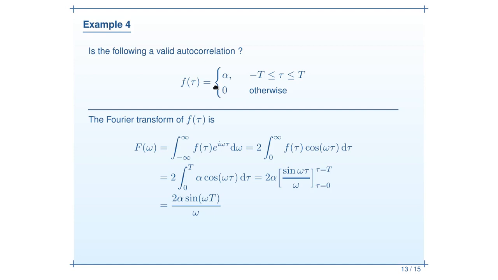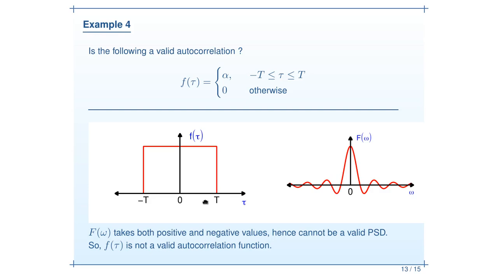We will simply take the Fourier transform of this. And we have seen previously that if we take the Fourier transform of this, it is going to be a sinc function. This. And this function, it is this function.